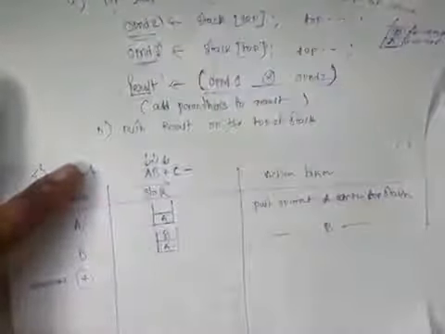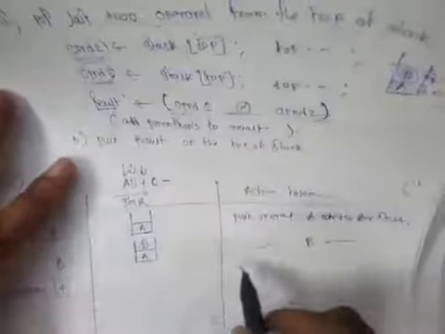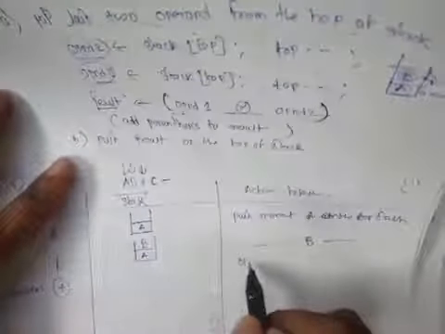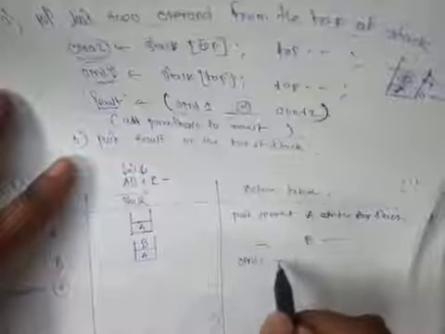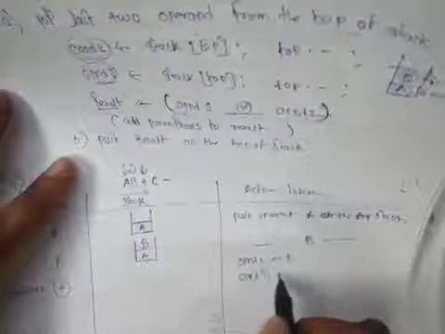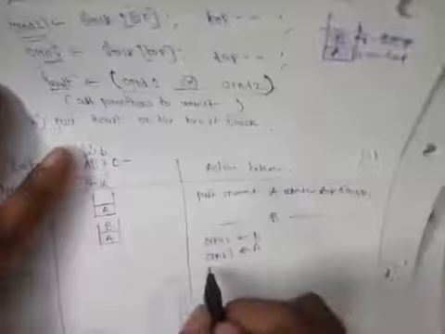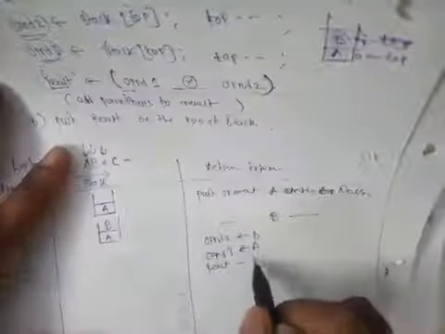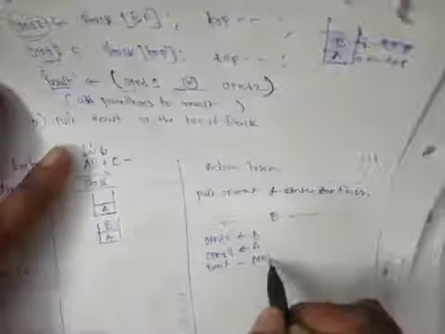B and A. Whatever element we have at the top of the stack, we collect in operand 2. So in the action we collect operand 2 is equal to B and operand 1 is equal to A.